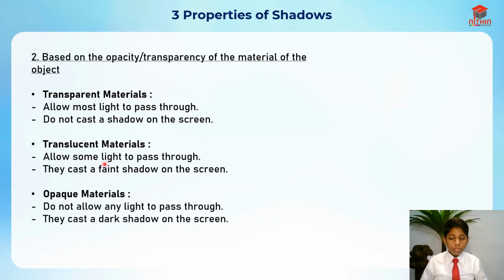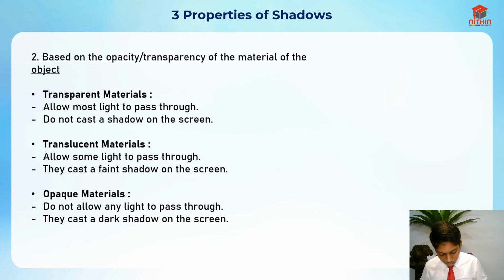Translucent materials allow some light to pass through. They can cast a faint shadow on the screen. Opaque materials do not allow any light to pass through. They cast a dark shadow on the screen.